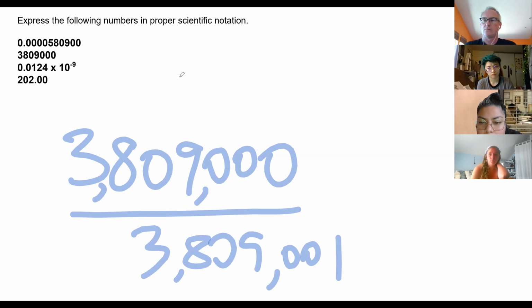Yes. Okay. Anybody disagree? Maybe. I like that answer. Maybe's a good answer, because that could be 3,809,00X. It could be, yeah. Actually, it could be a lot of different numbers.